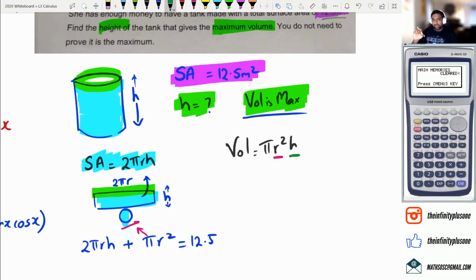You can only differentiate when all the letters are the same. If you have a radius and a height, you can't differentiate it. So you have to write height in terms of radius or radius in terms of height. You can't have both of those things changing in the volume equation when you're differentiating. So our first priority is to get rid of the H.